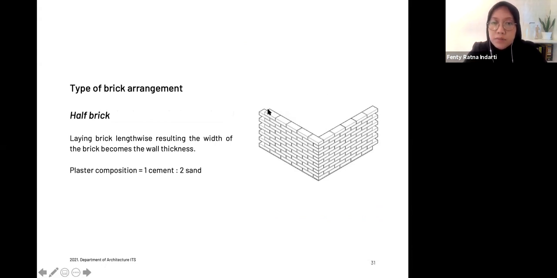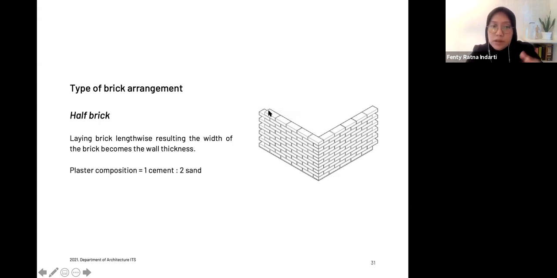And then the width becomes the thickness of the wall. It's usually used in our practice. And usually the plaster to attach each brick uses a composition of 1 cement and 2 sand. That's why it's called half brick. It is arranged like this. So this is what we call half brick.